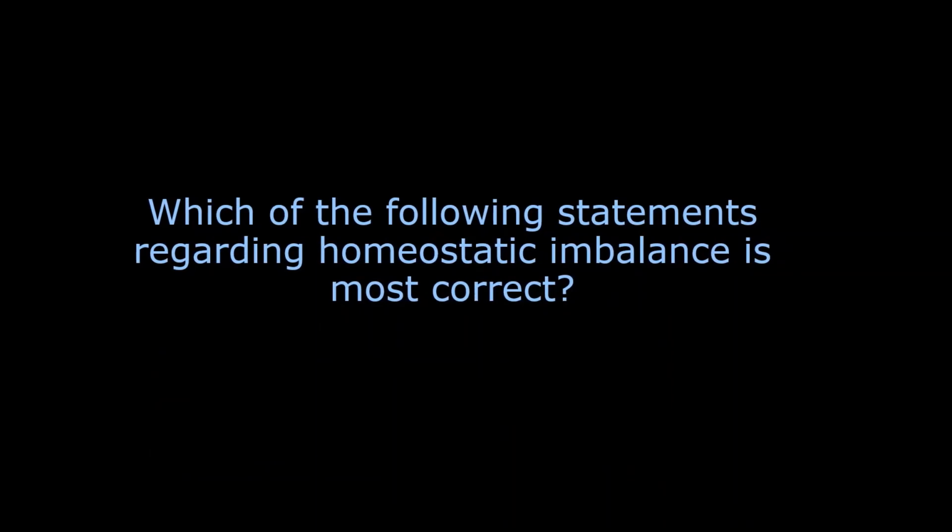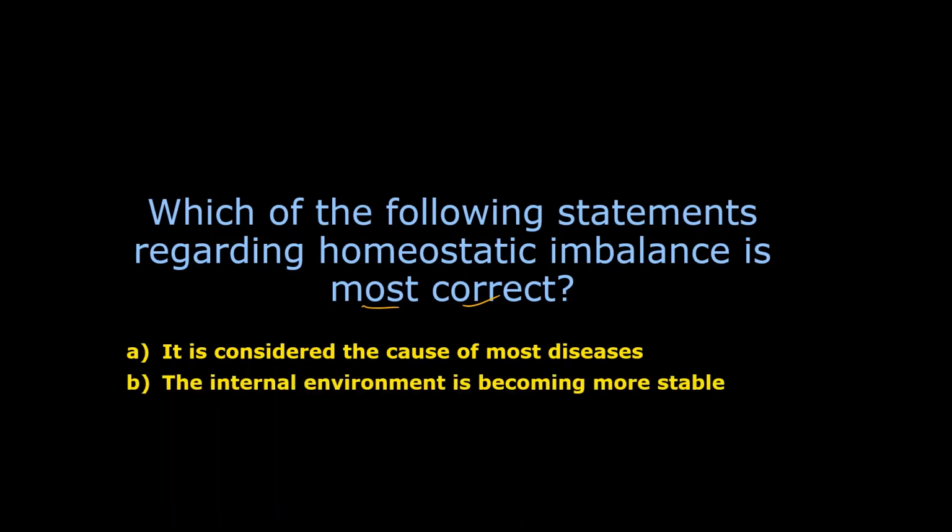Which of the following statements regarding homeostatic imbalance is most correct? It is considered the cause of most diseases. Could be. That could be it. And again, it's saying here most correct, implying these all could be correct choices. So watch out for this one. Let's continue. The internal environment is becoming more stable.